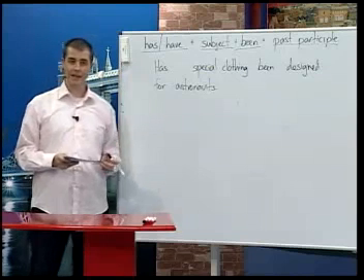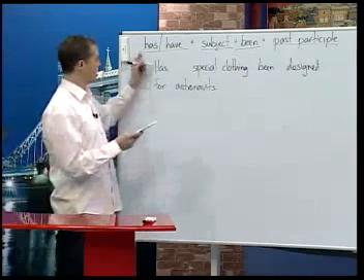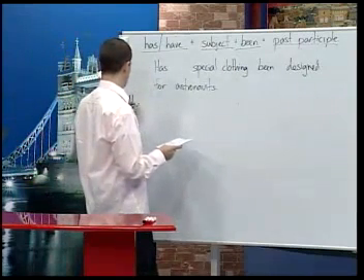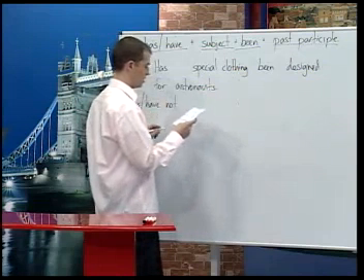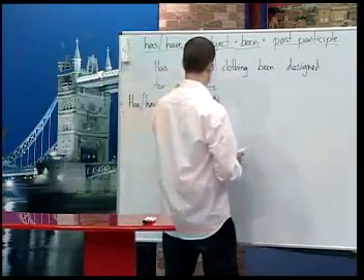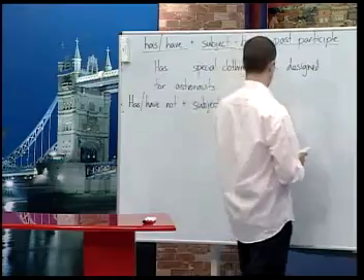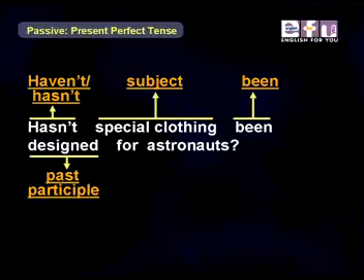And to form a negative yes/no question, we just use has or have not. So has or have not plus subject plus been plus past participle. Okay. Hasn't, subject special clothing.